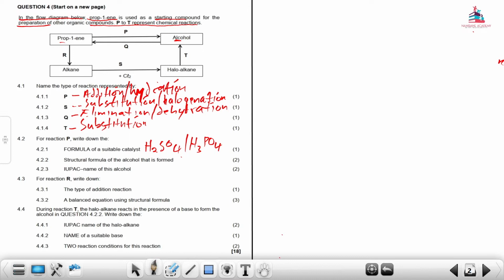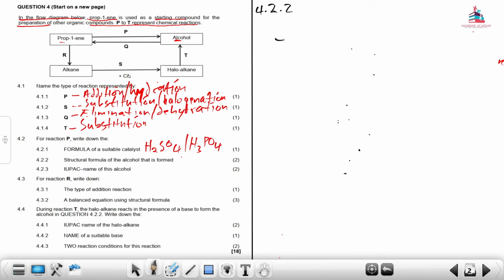So I'm going to write here, we are at 4.2.2. So they want us to draw the structural formula of the alcohol. So what is my starting point? My starting point is prop-1-ene.